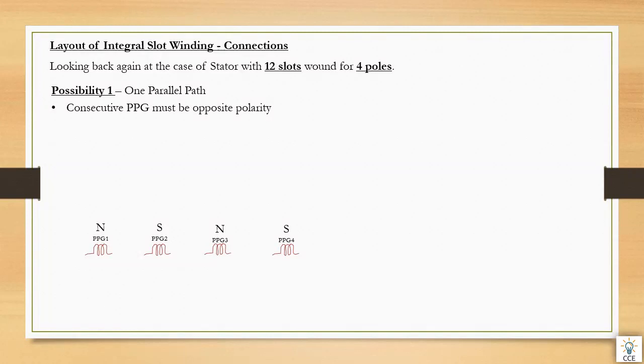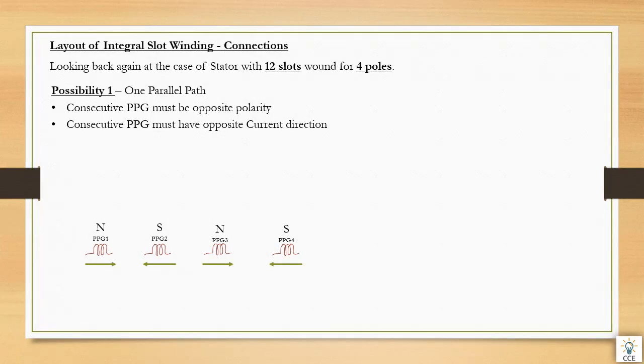For the phase A, we take the consecutive pole phase groups, but they should be of opposite polarity. So one pole phase group, if it is creating a north pole, the next pole phase group should create a south pole, and again the next pole phase group again creates the north pole, and the last pole phase group creates the south pole.